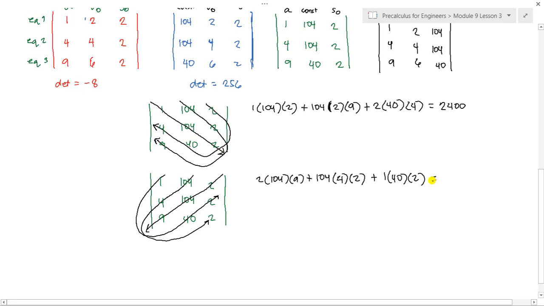So the answer is 2,784. So what is the determinant? It is just the difference: 2,400 minus 2,784. What is the answer, class?